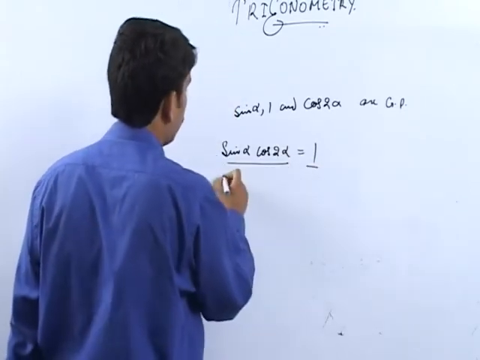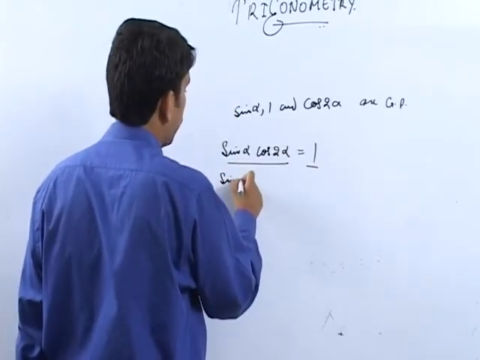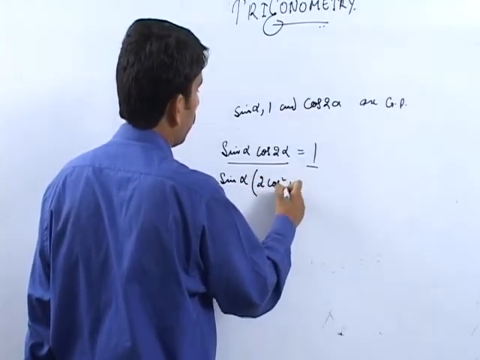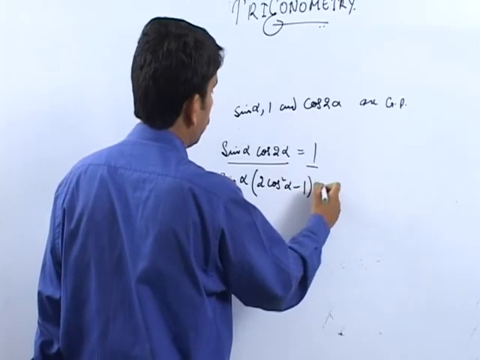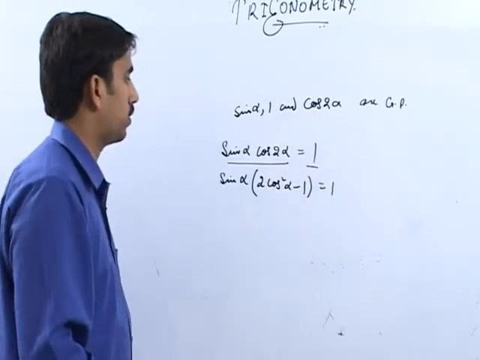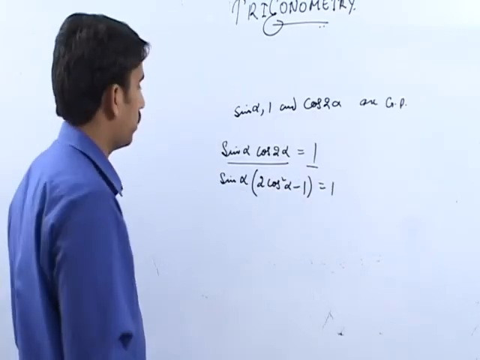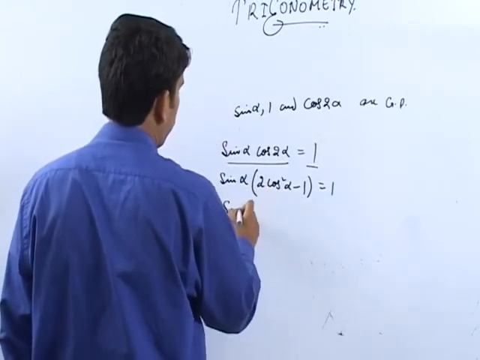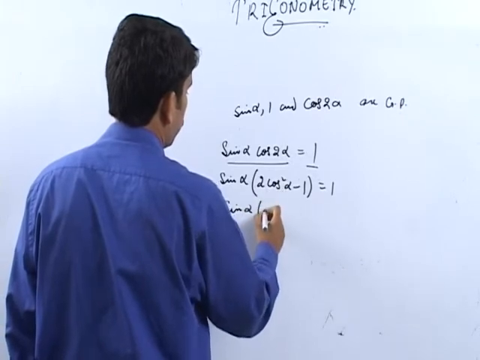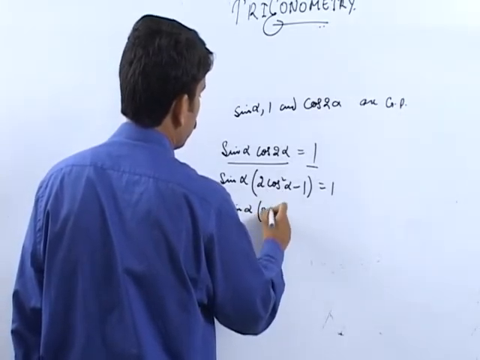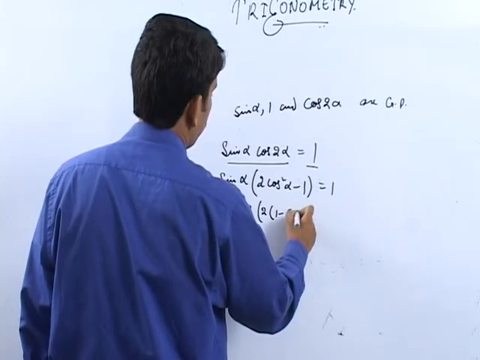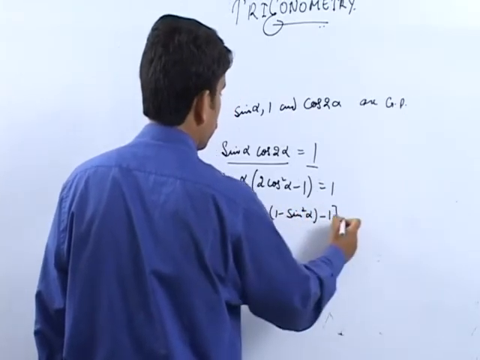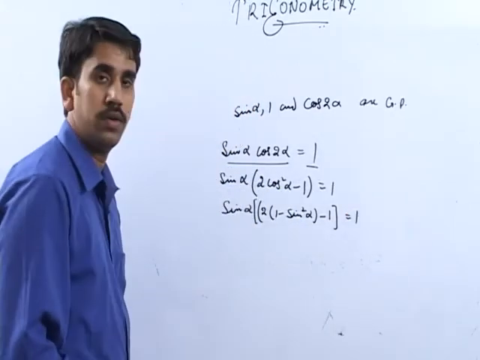Now to solve this, we will take sin alpha into (2 cos square alpha minus 1) is equal to 1, and this will be sin alpha into (2(1 minus sin square alpha) minus 1) is equal to 1.